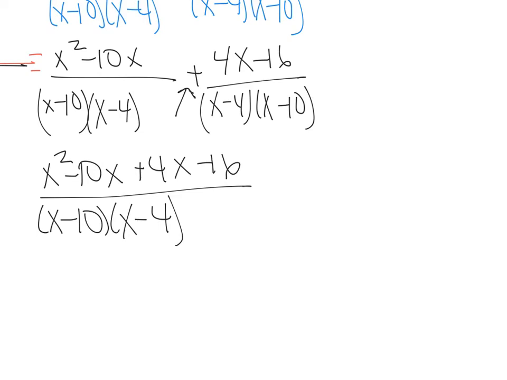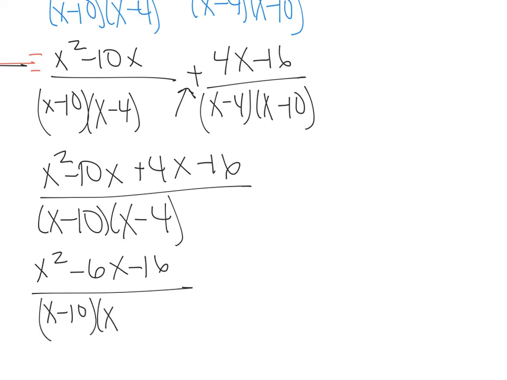Okay, so x squared, negative 10x plus 4x is negative 6x. So I have x squared minus 6x minus 16 over x minus 10, x minus 4. Cool.